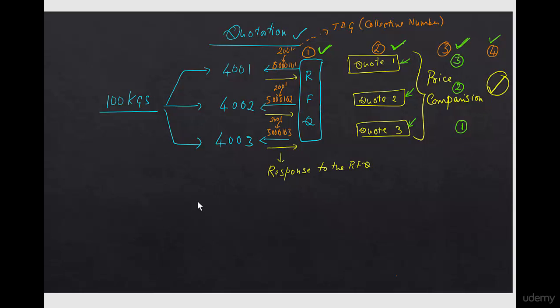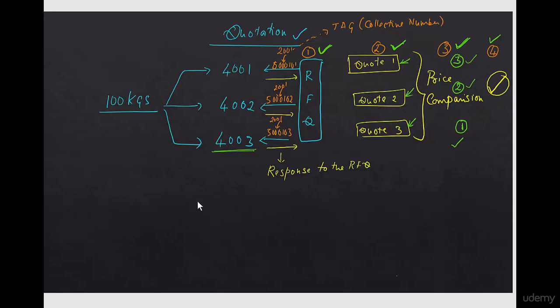So 4003 is the preferred vendor, because he is offering coffee at 8.95, which is the cheapest that we've got so far. So we can create a contract with reference to that RFQ, and we need to tell the other vendors that we have gone with another vendor, so we don't need you anymore for this transaction. So we're going to send them rejection letters.